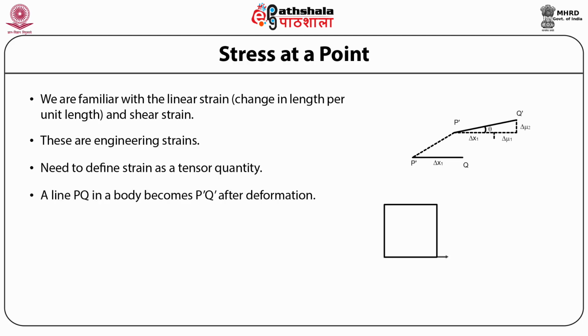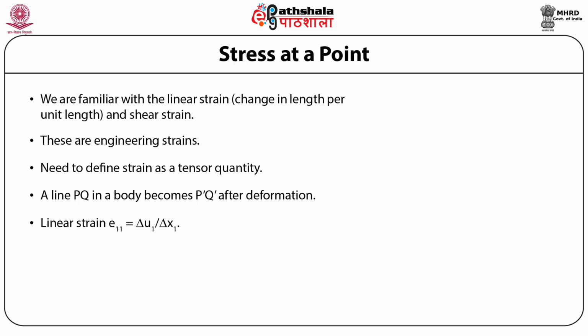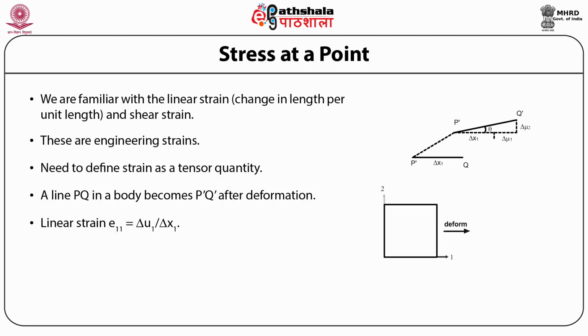So consider a line PQ in a body which becomes P prime Q prime after deformation, as shown in this figure. The length delta x1 of PQ has now increased by delta U1. So the linear strain E11 is the extension of PQ per unit length along the x1 axis, that is, delta U1 by delta x1.